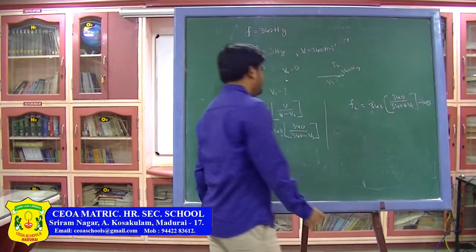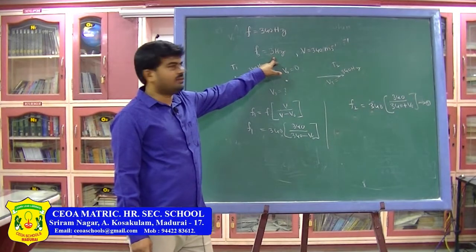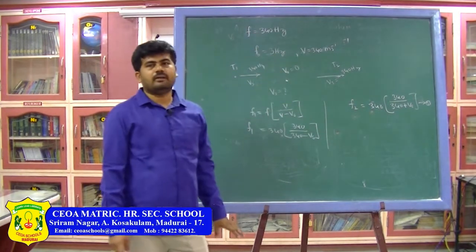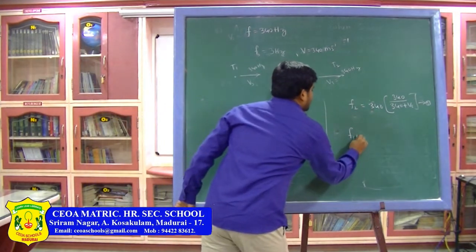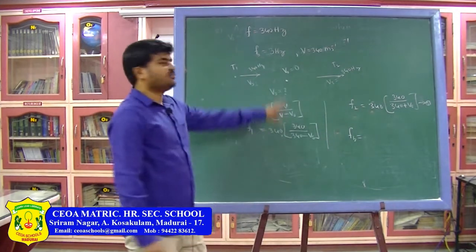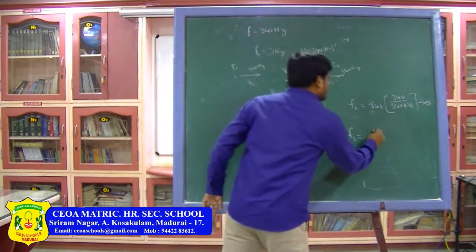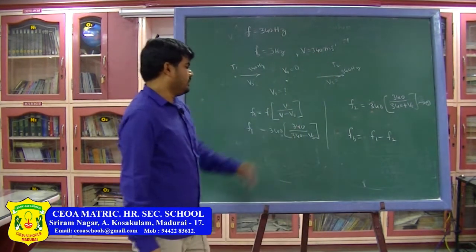They are producing 3 beats per second, that is the beat frequency is given. Now, taking the difference and equating it to 3, you will get the required value. So, now let us do it. The beat frequency between these two frequencies heard by the observer is Fb equals f1 minus f2.